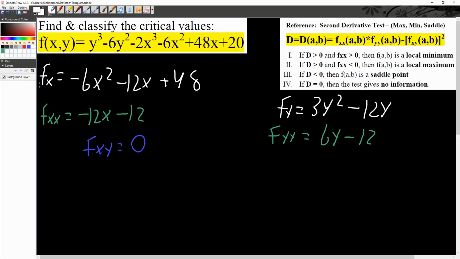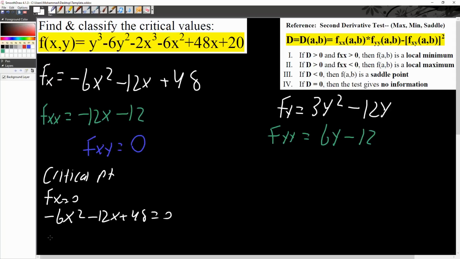So now we need to get the critical points. And we do that by setting the first partial derivatives of x and y equal to zero. So fx is equal to 0. So we would get negative 6x squared minus 12x plus 48 is equal to 0. So we can say this is negative 6 times x squared plus 2x minus 8 is equal to 0.